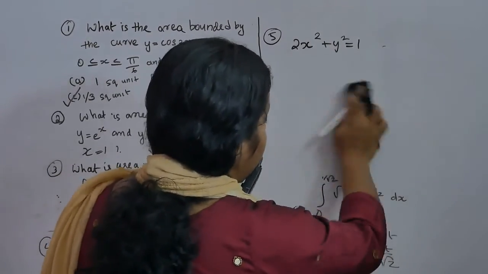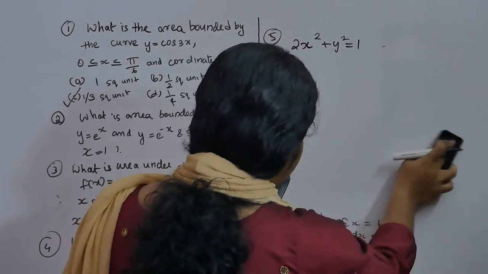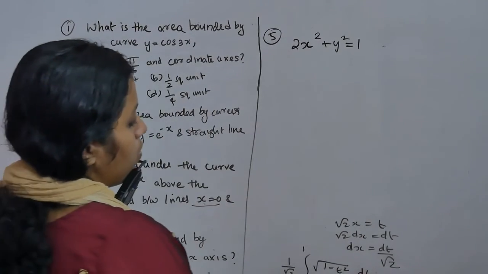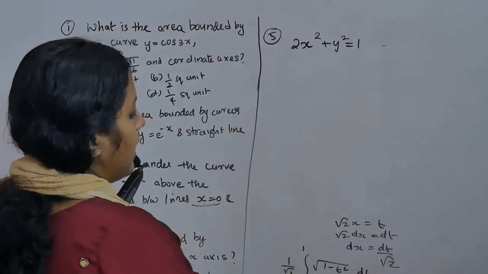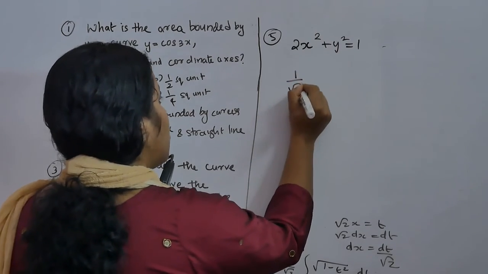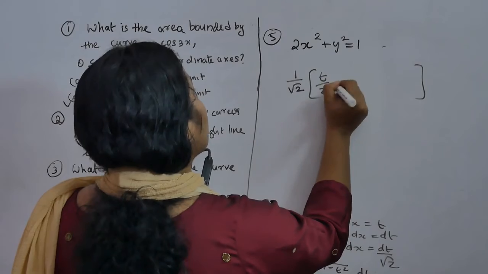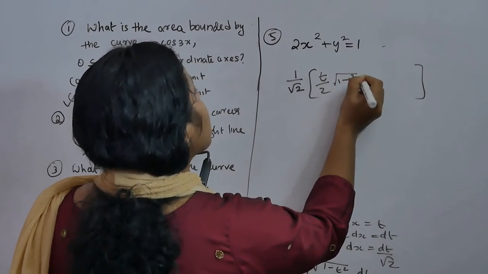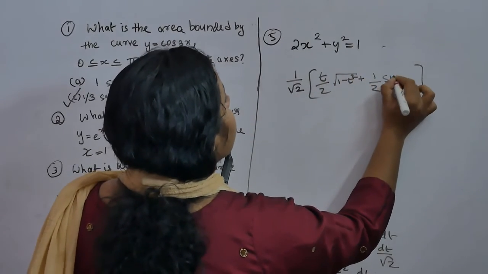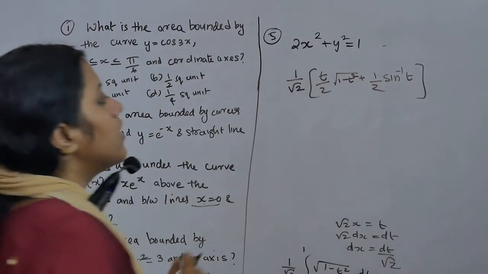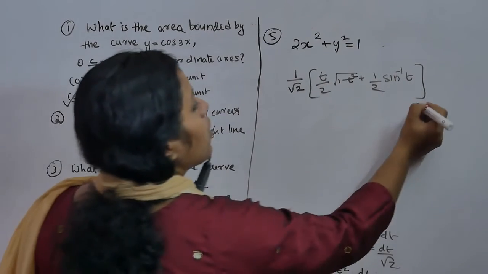Okay, now find the integral. Our new integral is integral 1 by root 2, this one. So what is this integration? This is 1 by root 2 times t by 2 root of 1 minus t square plus half sine inverse t, from 0 to 1.